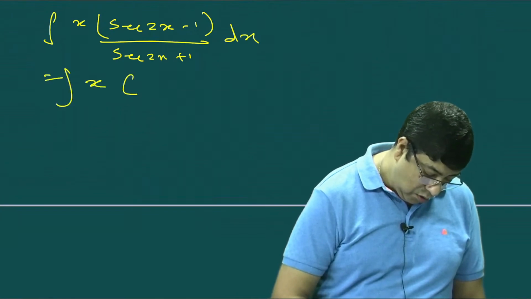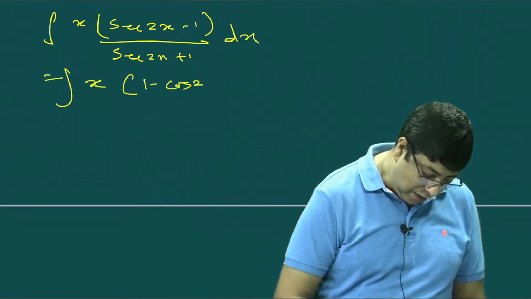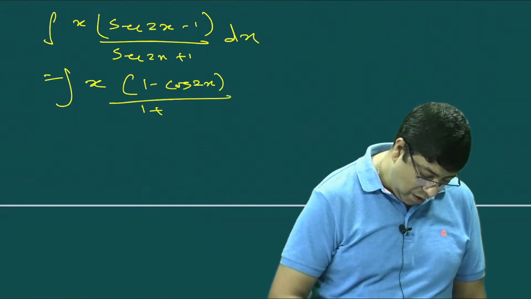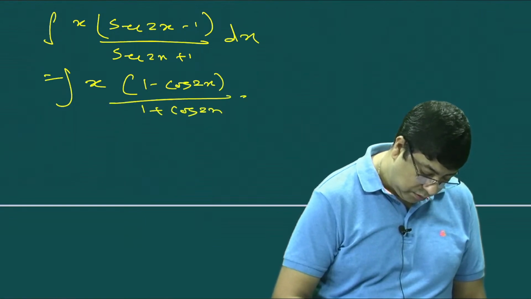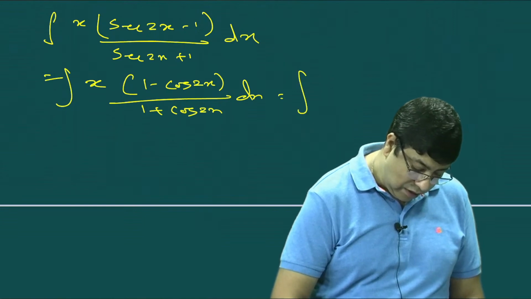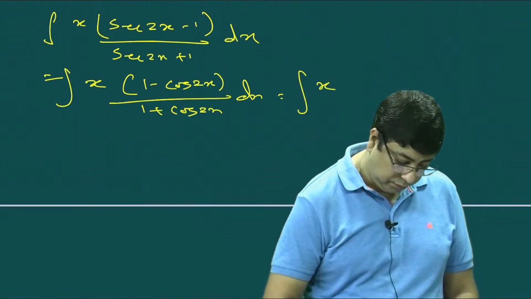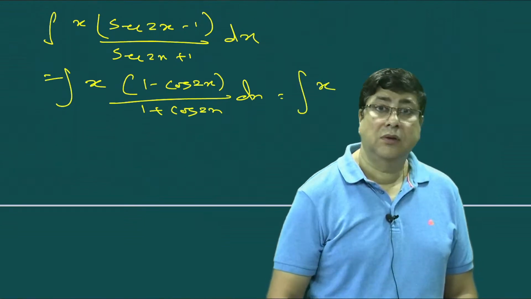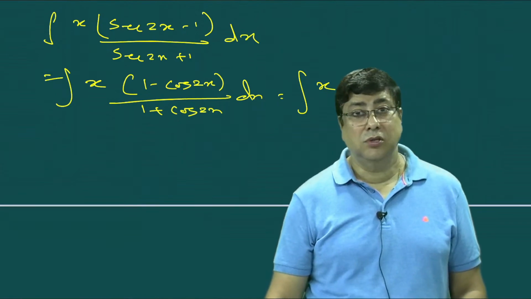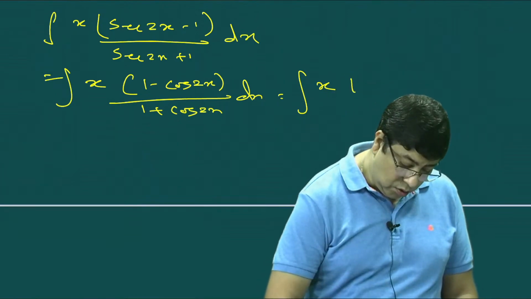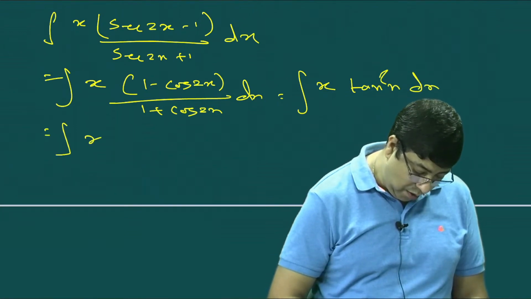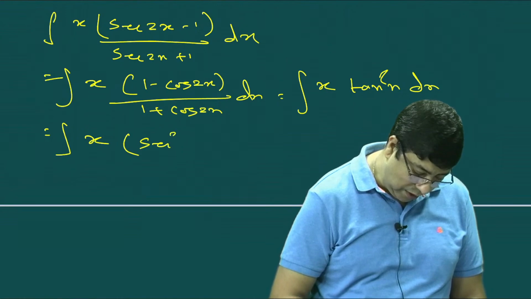Now, in this case, let's start: x into 1 minus cos 2x by 1 plus cos 2x dx. We can write this as x into 2 sin square x by 2 cos square x, that's tan square x. So we are getting here tan square x dx. Tan square cannot be integrated directly, so we write it as sec square x minus 1.